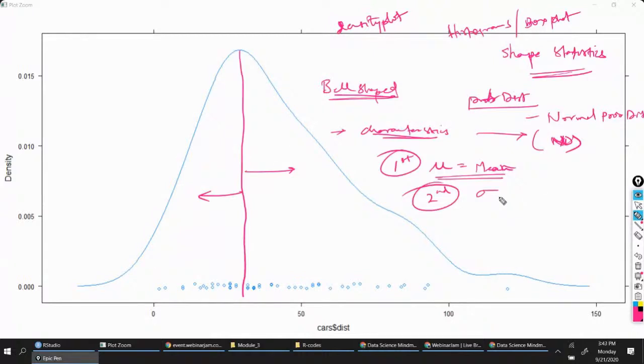Now that is given by sigma, right? This is spread or standard deviation. So centrality is being talked about the first moment. The width of the bell-shaped curve is being spoken about by variance or standard deviation, the spread.